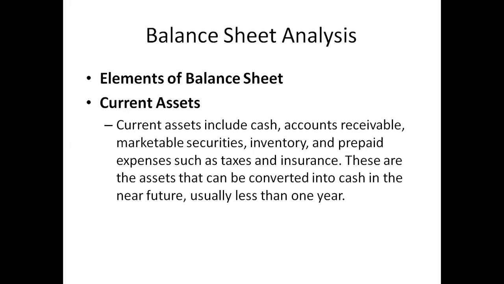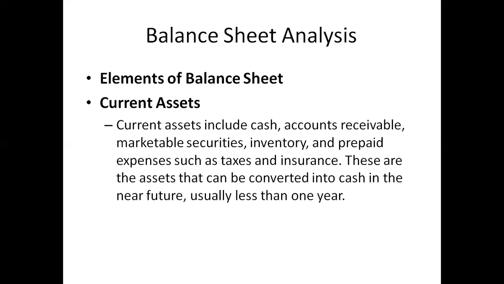Taxes, insurance, for example, you might have paid the insurance in January. Your insurance period is from January to December, business insurance. But you have paid for the current financial year, say January to March, and the prepaid insurance is for the next year. So you have to take the 3 months in this year's profit and loss account, and at least the rest will be carried forward in the balance sheet.